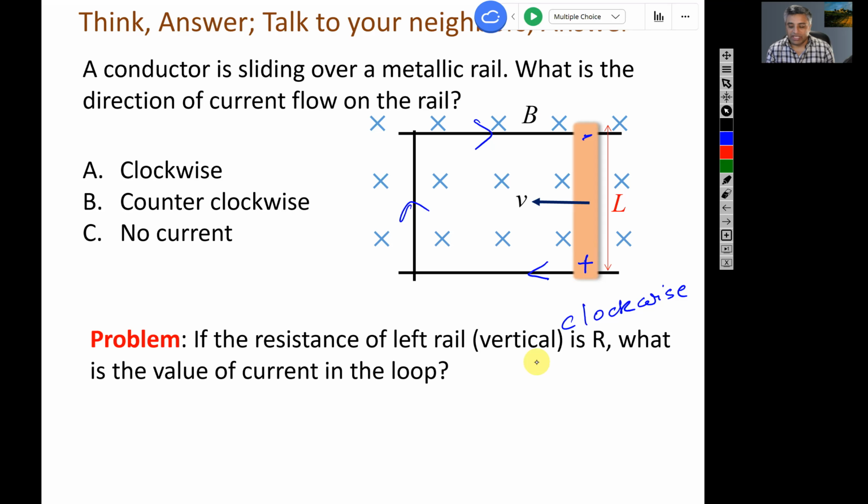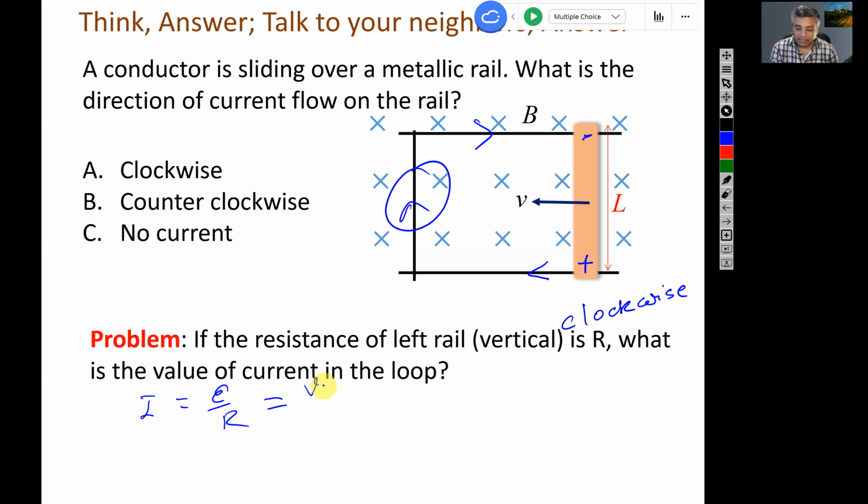So we can also calculate the current. If R is the resistance, then what's going to be the current? From Ohm's law, we know it's going to be E over R, right? Have I done that here? Oh, no. E over R means how much is the E?